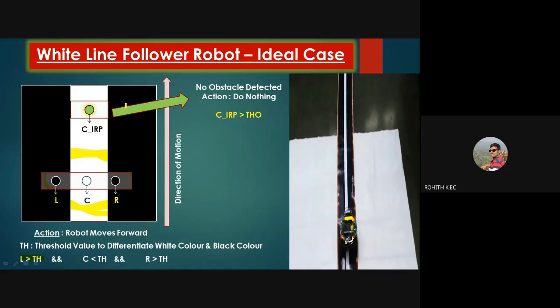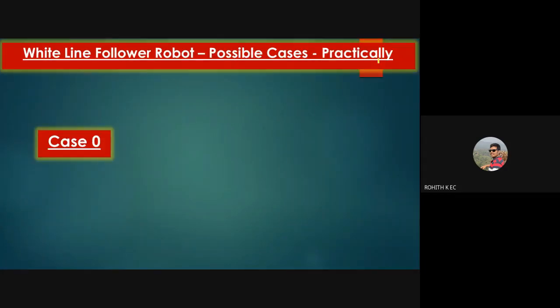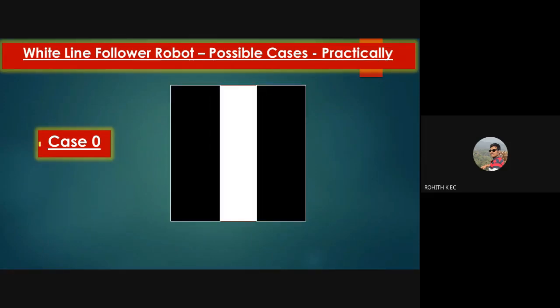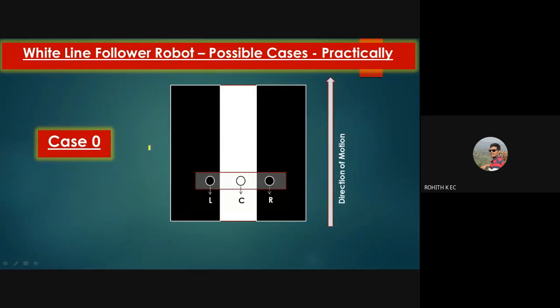Now let us come to the practical cases we are going to encounter. So practical possible cases, case 0. Okay. So this is the placement of your robot. And in front of your robot, there is an obstacle. When there is an obstacle, your center IR proximity sensor will sense it.